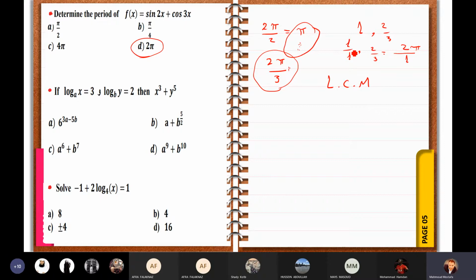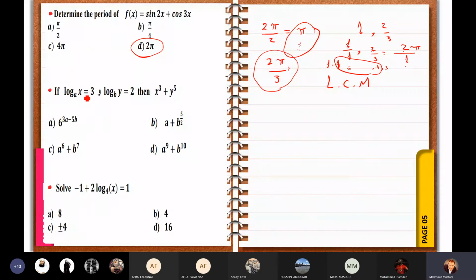To find the least common multiple, take the least common multiple of the numerators, which is 2, and the highest common factor of the denominators. The factors are 1 and 3. So what is the highest common one? It's 1. So the answer is 2 pi over 1, which means 2 pi. Okay?